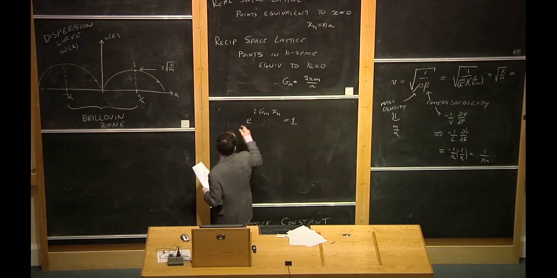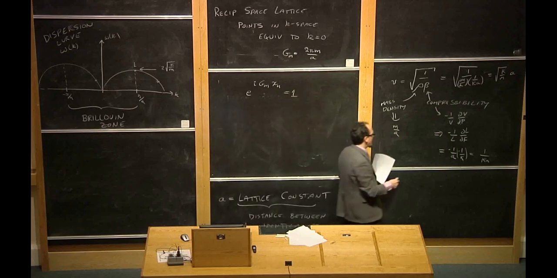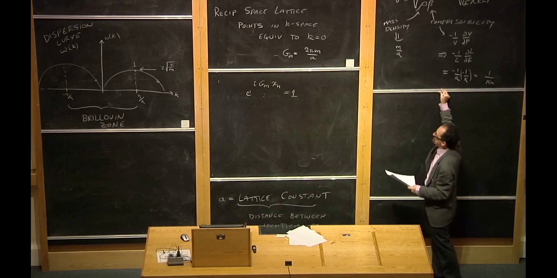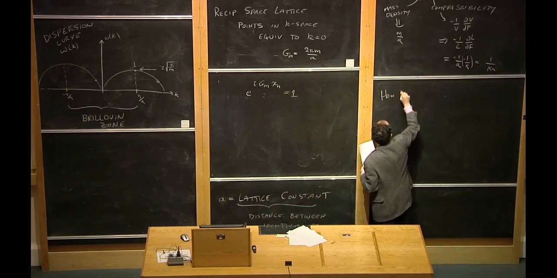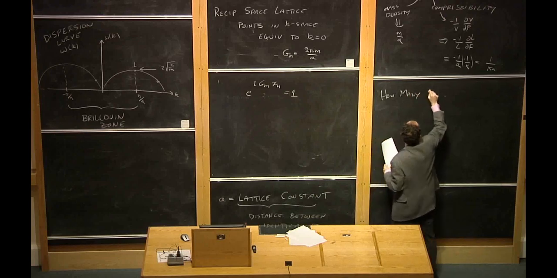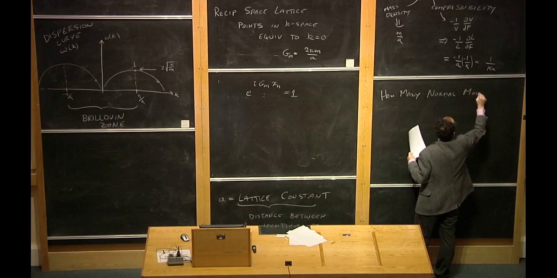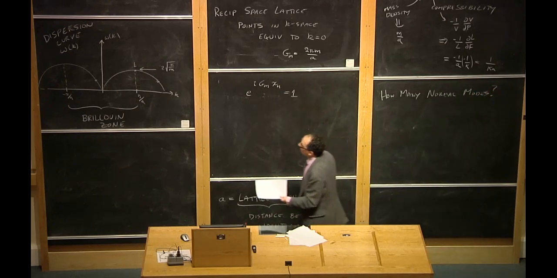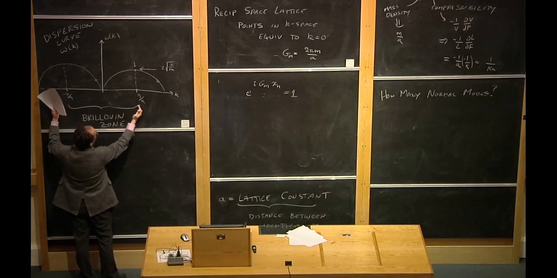One thing that's really useful for us to do at this point is to count the total number of waves that we've enumerated. We've solved for normal modes of the system. So how many normal modes do we have? Well, if we're counting different normal modes, we only have to look within the Brillouin zone.